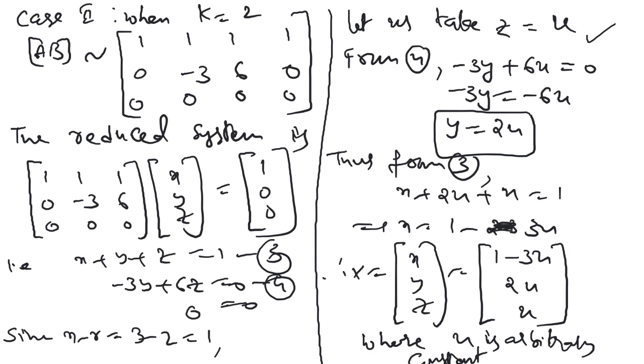For k is equal to 1 and k is equal to 2 only, the system is consistent, and in that case the value of the common rank r is 2. That means rank of A is equal to rank of [A|B], and that is less than the number of unknowns, n is equal to 3. That means the system will have infinitely many solutions. We get a solution that involves n minus r is equal to one arbitrary constant in both the cases.